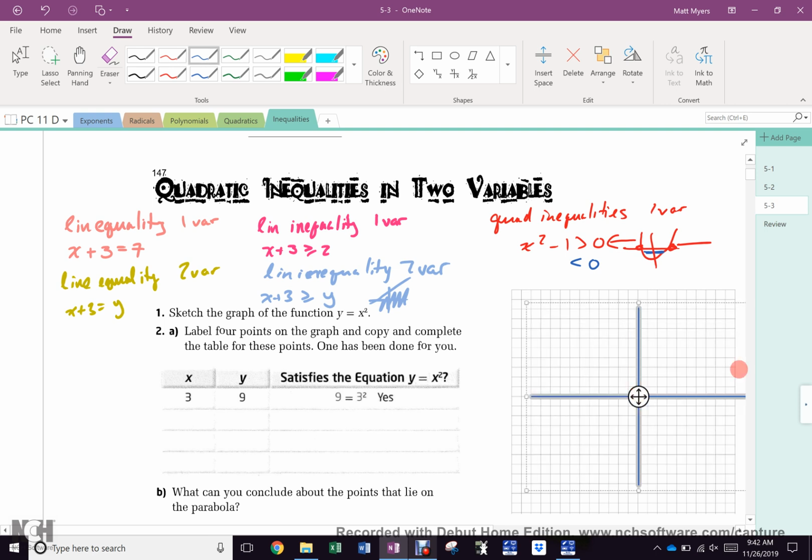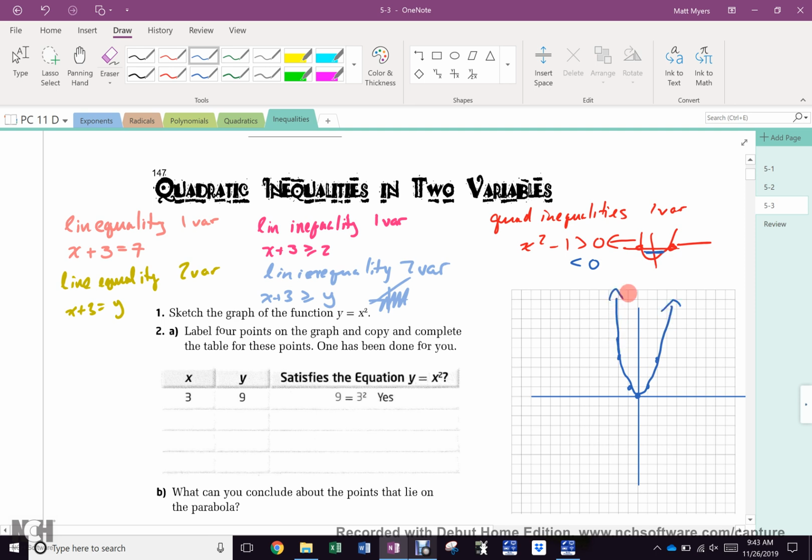When x is 0, what's y? 0, 0. And since there's no a's, no stretch factor, no nothing, I go 1 to the right and I go how far up? 1. Then the same on the left. If I go 2 to the right, how far up? 1, 2, 3, 4. Thank you. And it looks like this. Yes?